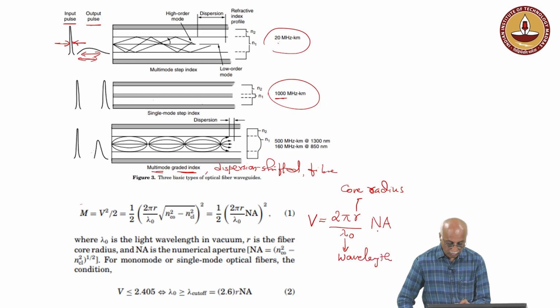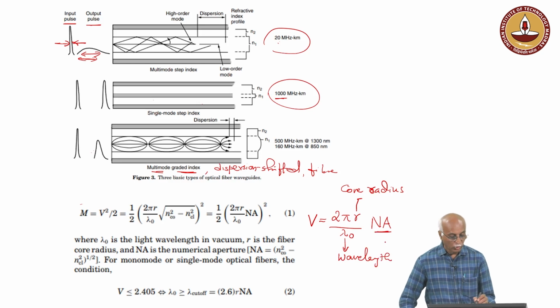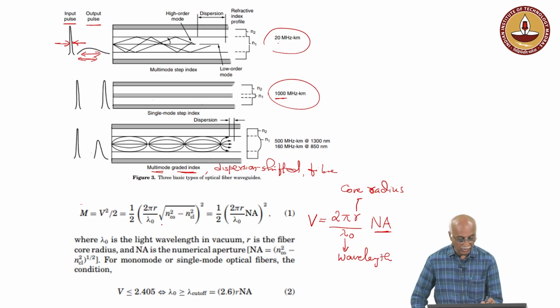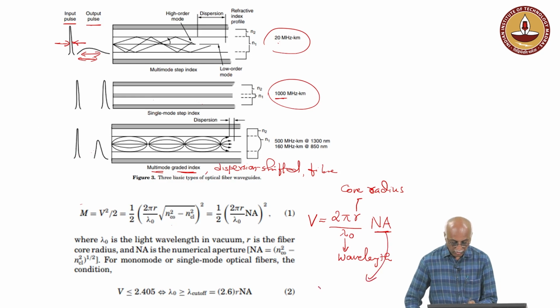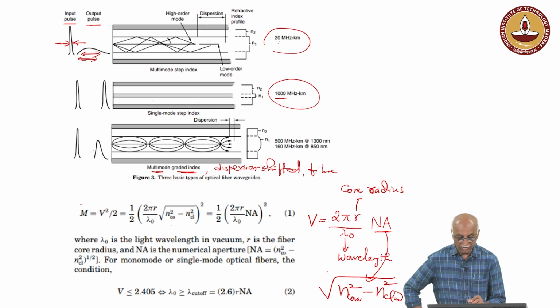Numerical aperture NA is nothing but, if the refractive index of the external medium n0 is 1, the square root of the core refractive index squared minus the clad refractive index squared. This is estimated like this.